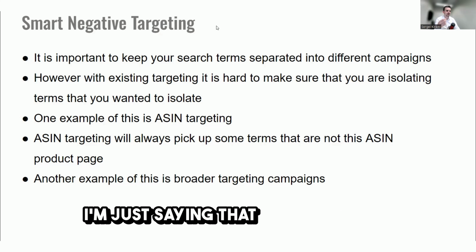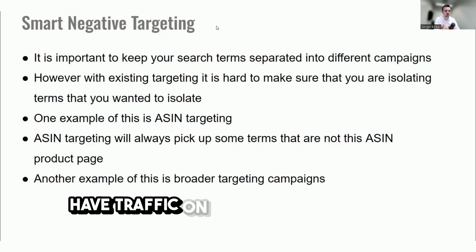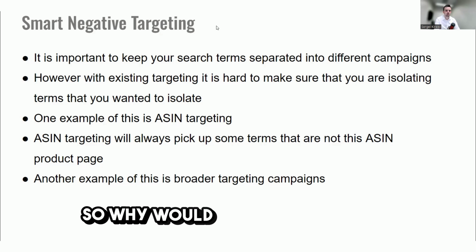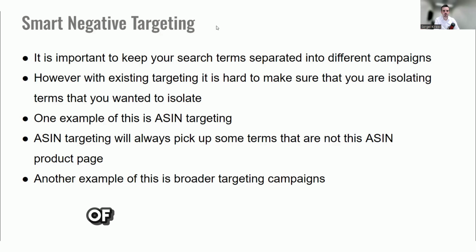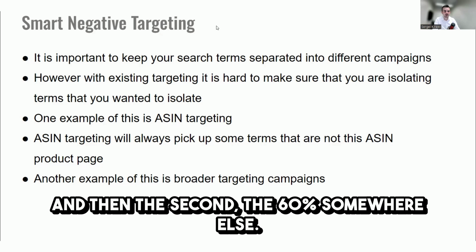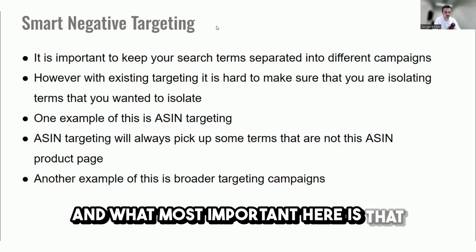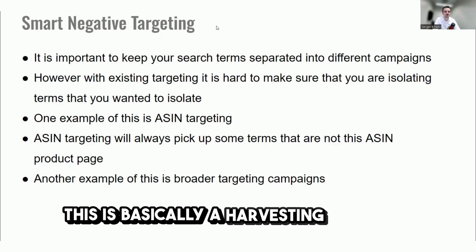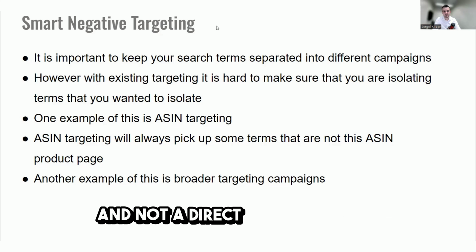I'm just saying that you wanted to have traffic on that ASIN specifically, right? So why would you want only 40% of the budget spent on that ASIN and then 60% somewhere else? And what's most important here is that you don't control that somewhere else, right? This is basically a harvesting campaign and not a direct ASIN targeting.